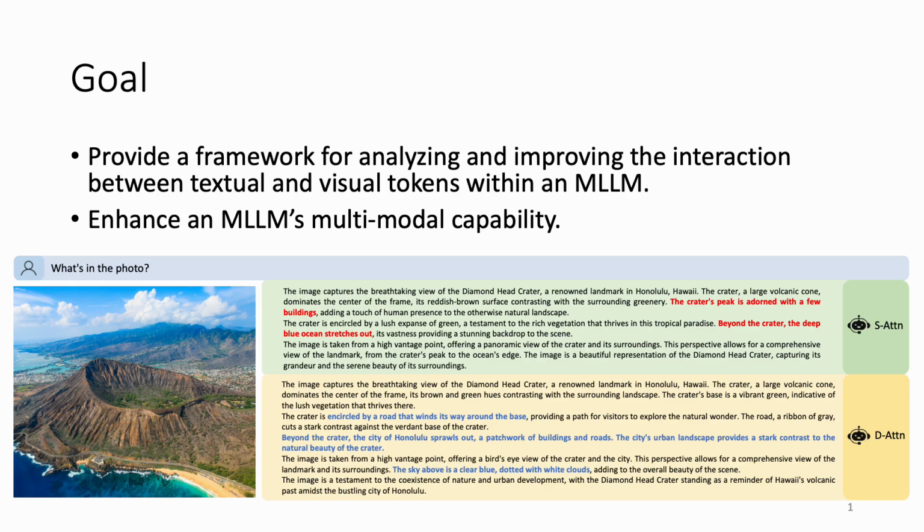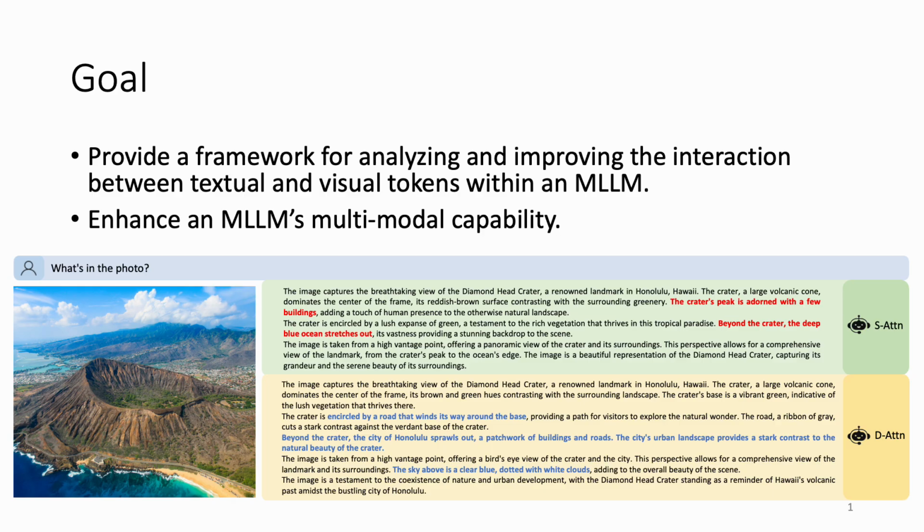Current multimodal models treat and process visual and textual tokens in the same entangled way, making it difficult to analyze the interaction between visual and textual tokens within the LLM. Therefore, in this paper, we first propose a framework for analyzing the interaction between visual and textual tokens in the multimodal model.